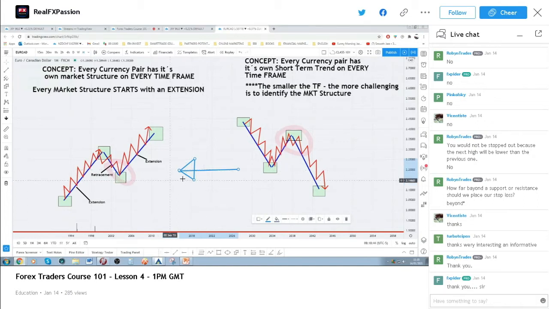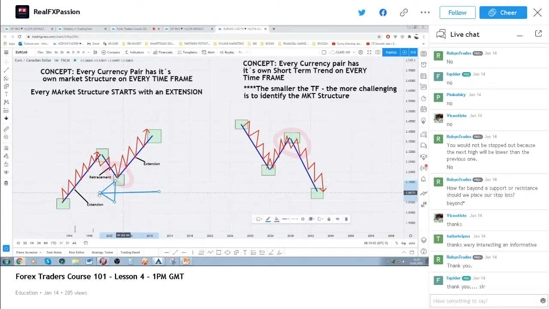Okay. Now, with this short-term uptrend that is changing, and this short-term downtrend, the next level of understanding is that we must learn that not all highs and lows are equal.